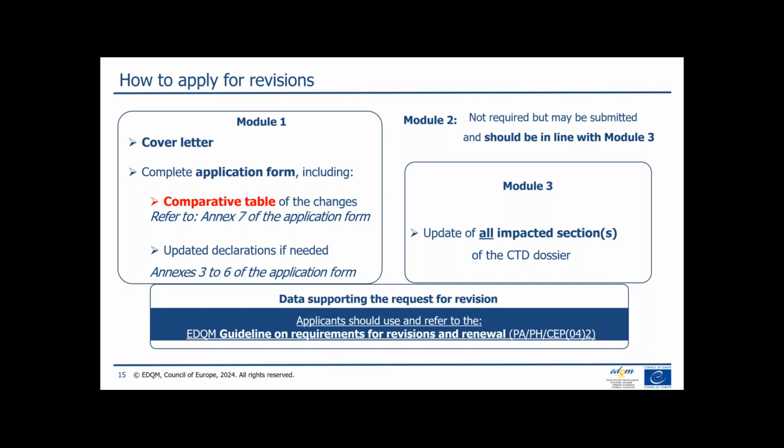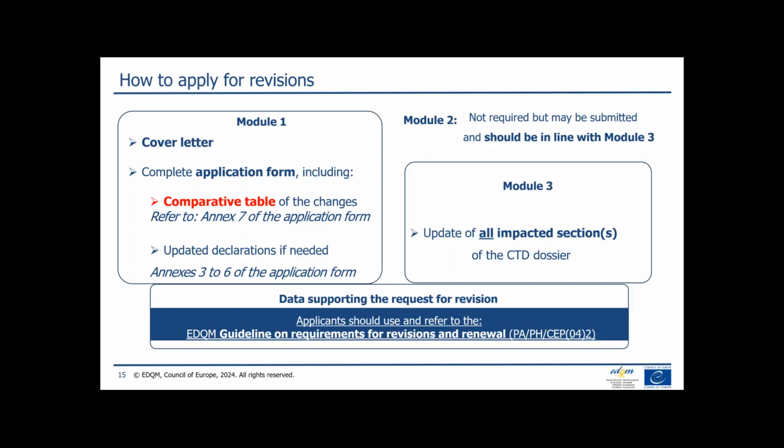Application form, which will have to be completely filled in with manufacturing site details, etc. Comparative table, which is a key document for evaluation of revisions, which is actually Annex 7 of the application form. Updated declarations if necessary. Module 2, if it is impacted, can be updated. And of course, Module 3, all impacted sections should be submitted.